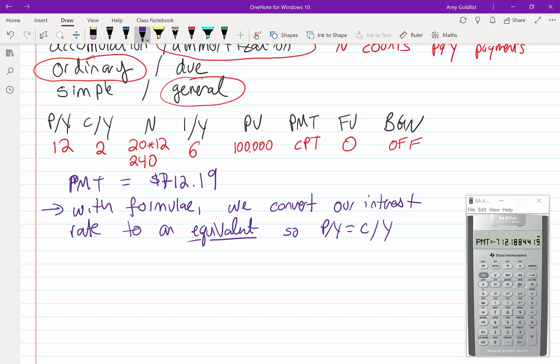So what I would do here is I would say I've got J2 equals 6%, and I want to convert to J12 equals something. I'm going to do that.